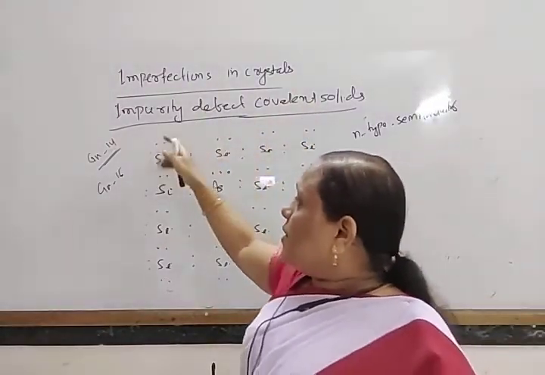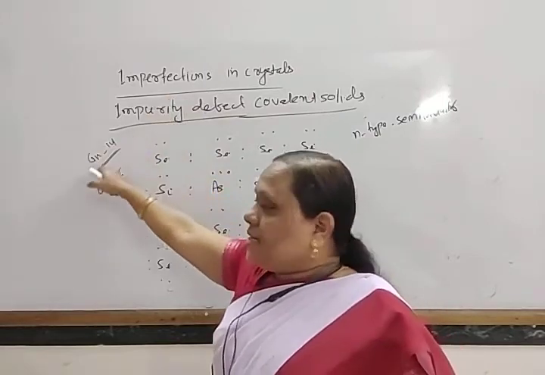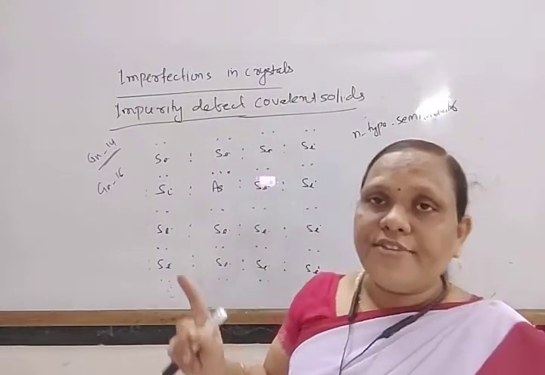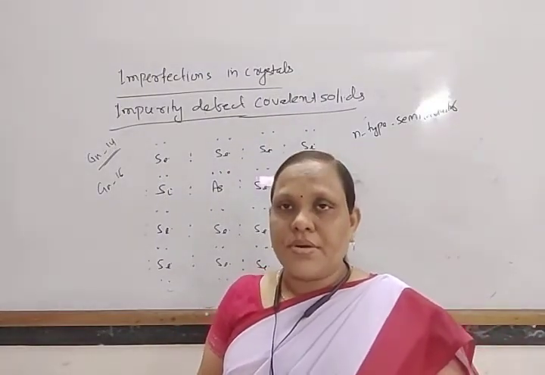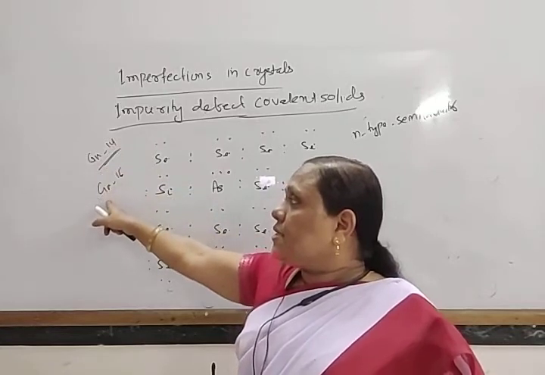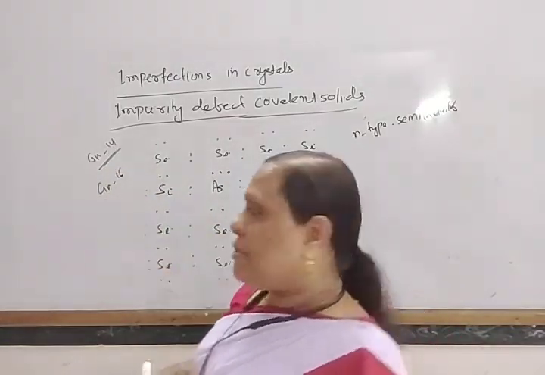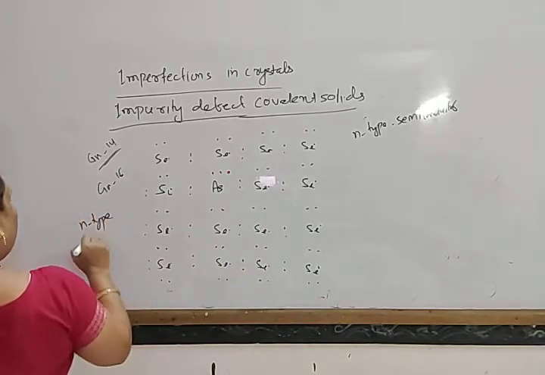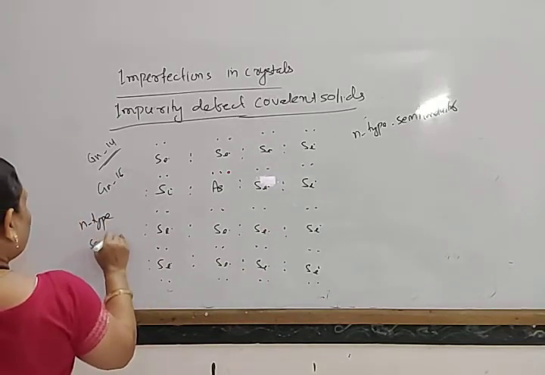When a group 14 element is doped with group 13 elements, it forms a p-type semiconductor, and when doped with group 15 elements, it forms an n-type semiconductor.